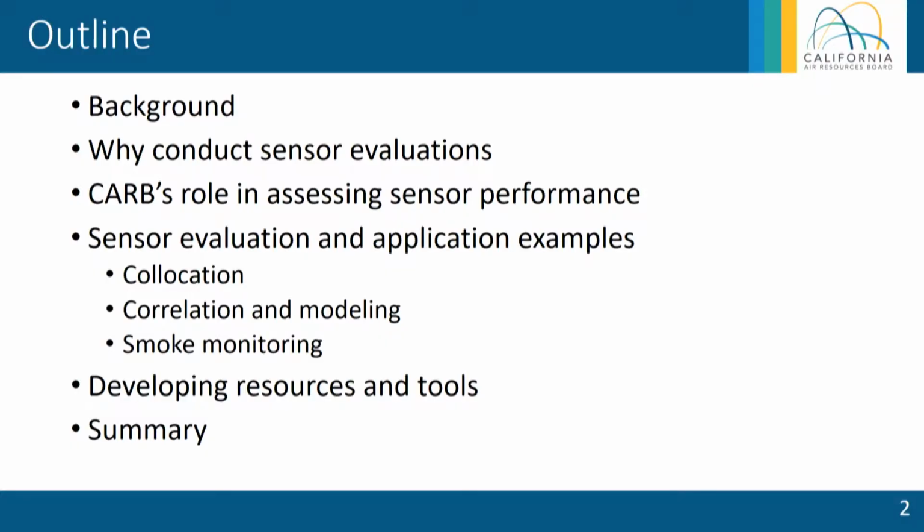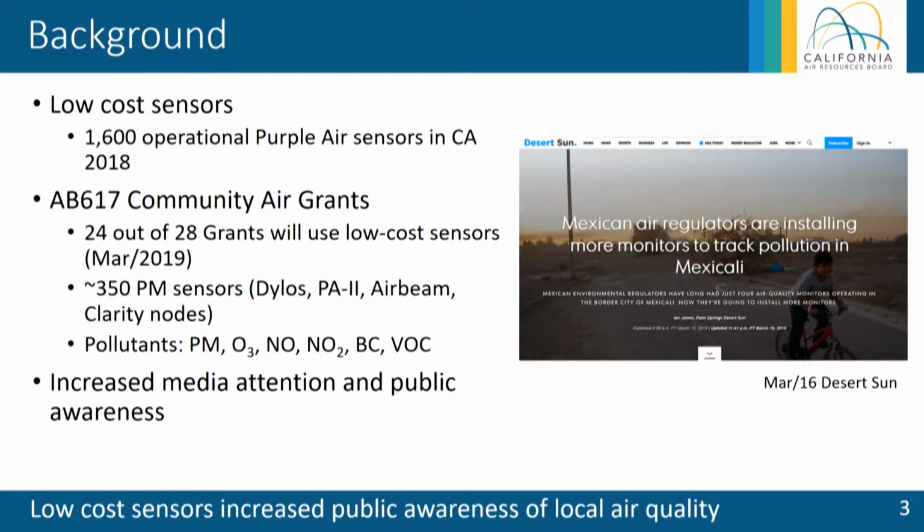So let's start with background. Speaking of low-cost sensors, they're very popular right now because they are inexpensive and available in the market. Looking at the numbers, there were about 1,600 operational PurpleAir sensors, which is a PM sensor at about $200, in California in 2018.